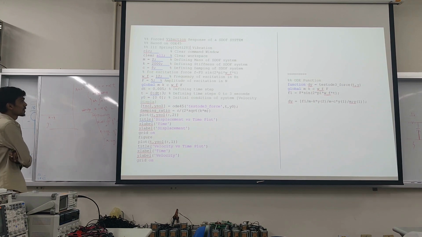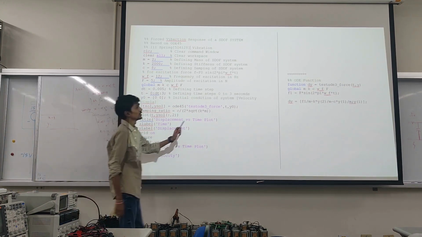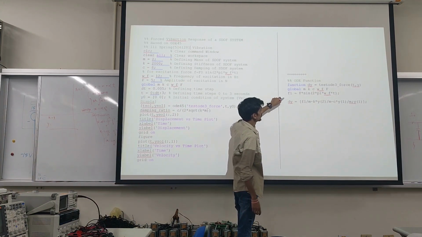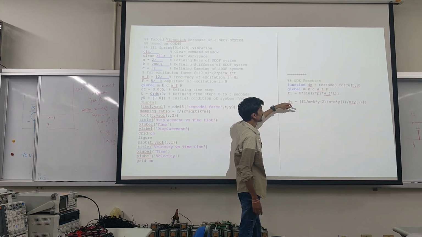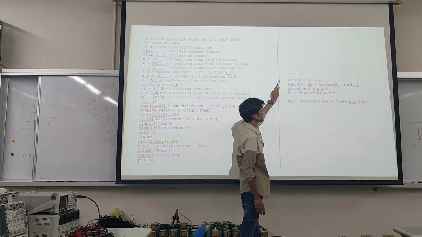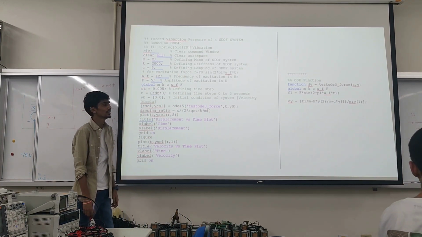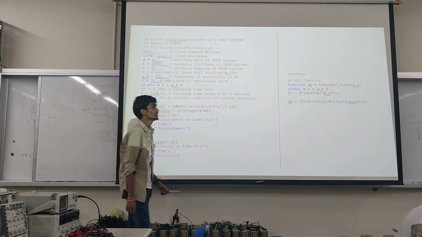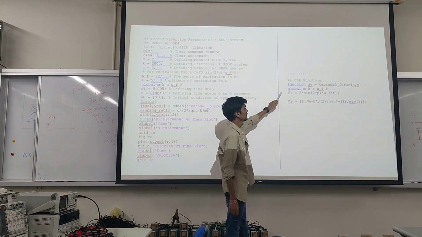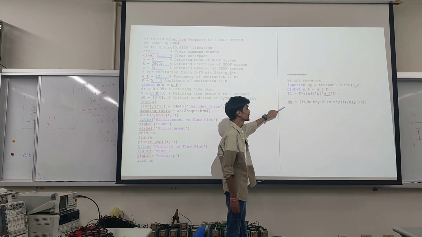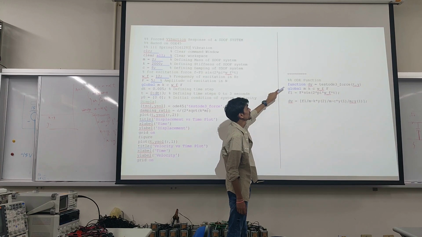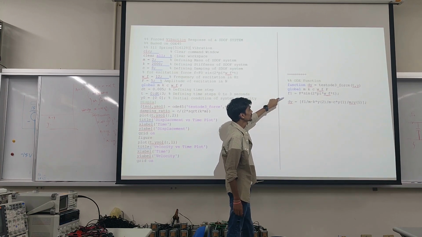So similarly we are defining the ODE function for the velocity. Previously we had only one function, so we had to define one ODE function, but in this case we have two functions, the forcing function and the velocity function. So in this ODE function we are getting one more function, that is the forcing function.